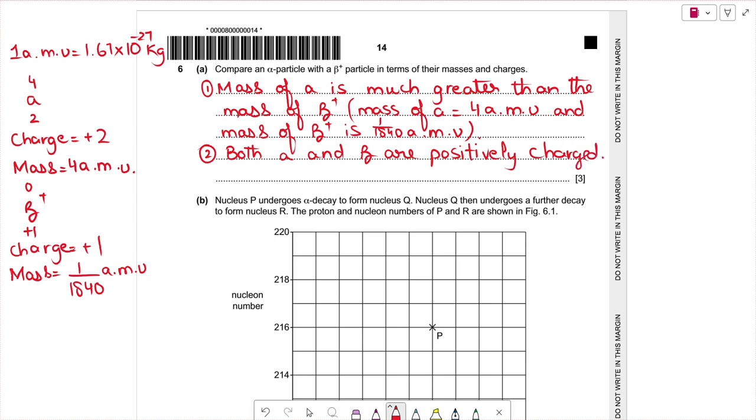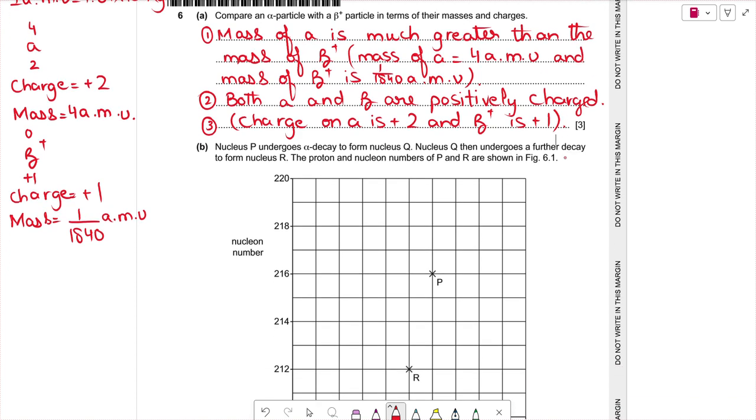And the third point is alpha has double the charge of the beta positive particle, or you can just simply give the values in the brackets as well. Charge on alpha is plus 2 and beta positive is plus 1. So it clearly indicates that alpha particle has double the charge compared to beta positive particle.